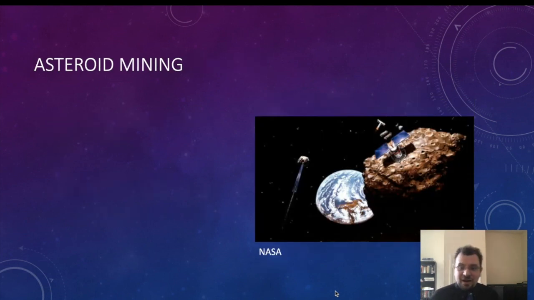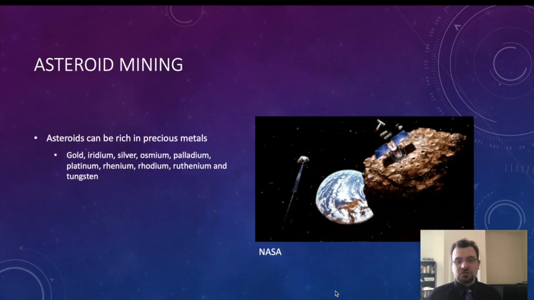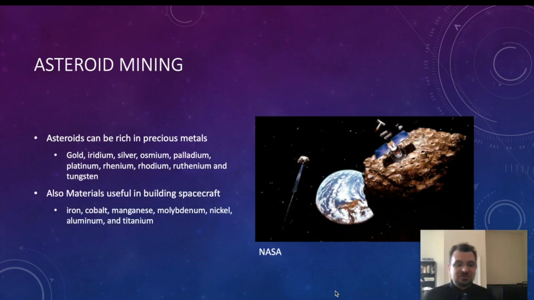There's also the possibility of asteroid mining. Remember how at the top of this talk, I was saying that most of them are rock, but some of them are made of nickel and iron, and gold, iridium, silver, osmium, palladium, platinum, rubidium, rhodium, ruthenium, and tungsten. All of those are very, very valuable, and we could conceivably mine them.